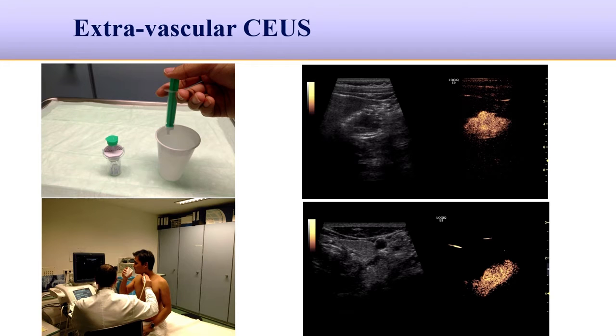The second method is that we mix the SonoVue with water and ask the patient to swallow the contrast agent to show the esophagus and the stomach.